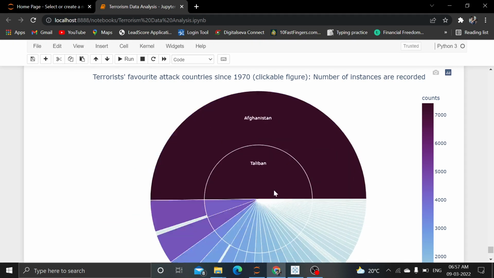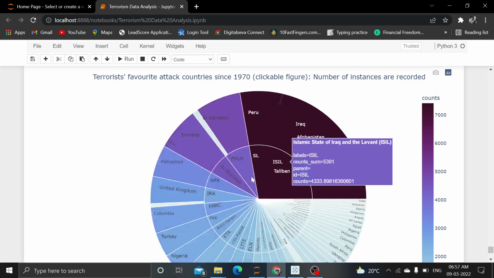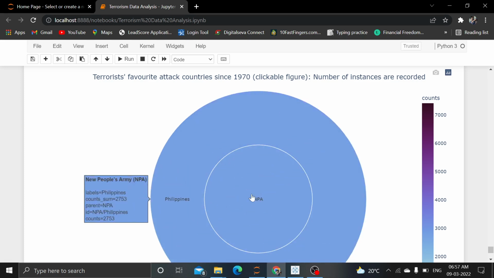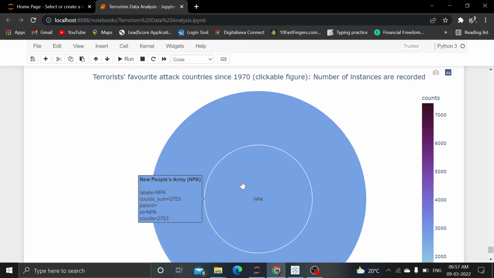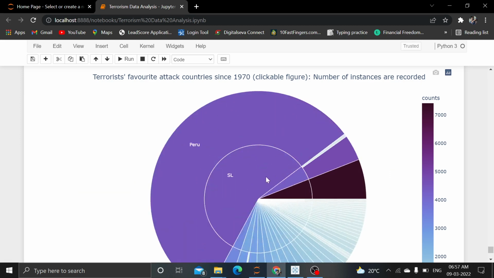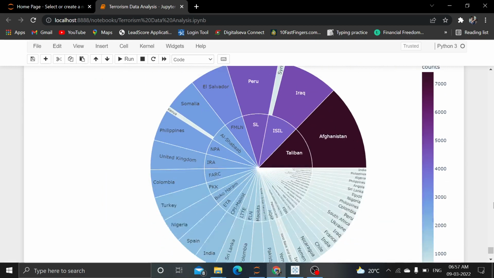And Taliban mostly like to attack Afghanistan only, none of the others. You can also see NPA attacks only the Philippines, and also Shining Path also attacks Peru.